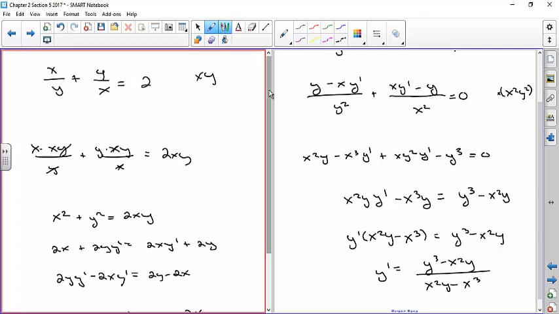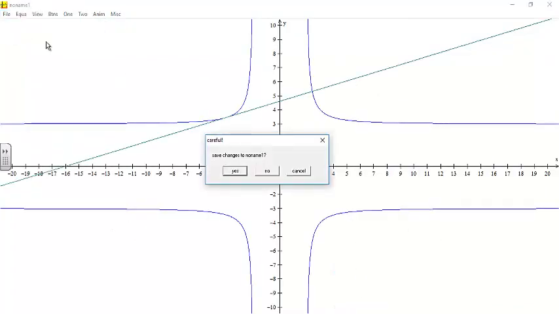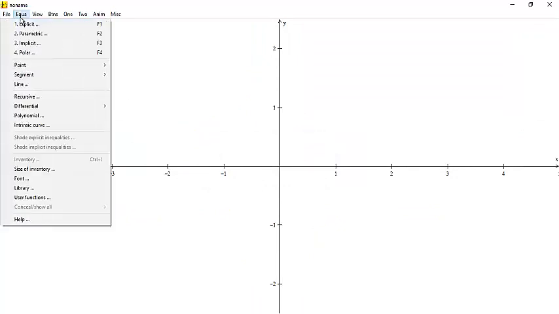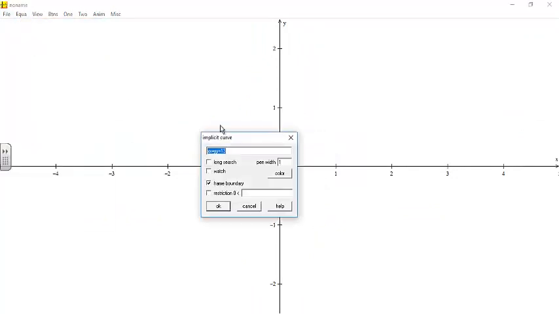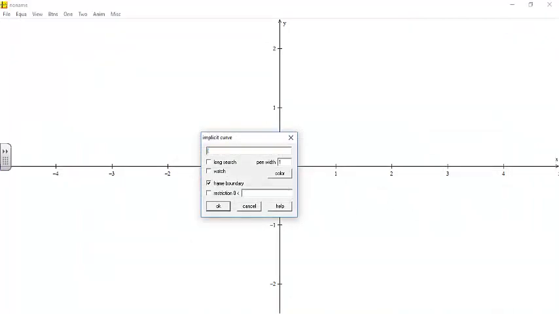Let's see what it looks like. So let me clear this. I'm going to do an implicit equation, and it's going to be x divided by y plus y divided by x equals 2.